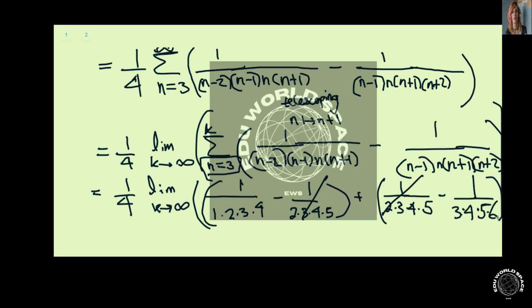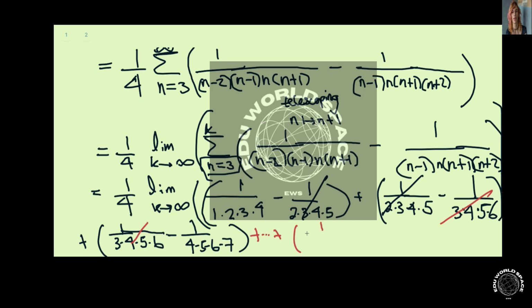Lots of cancellation here. If I were to write the next term, and once again, I can see cancellation here. So everything will be canceling out, and then we'll keep adding in the other direction.